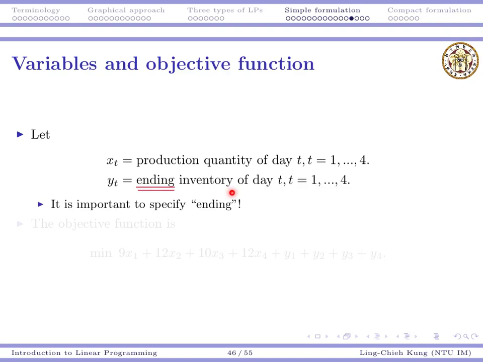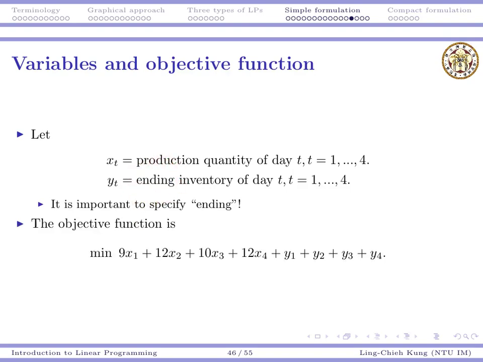That will also change your formulation accordingly. Okay? Here, I emphasize that we are talking about ending inventory. And my objective function would be the following. Given these numbers, I want to minimize the sum of production cost and the sum of inventory cost. This is my objective function.